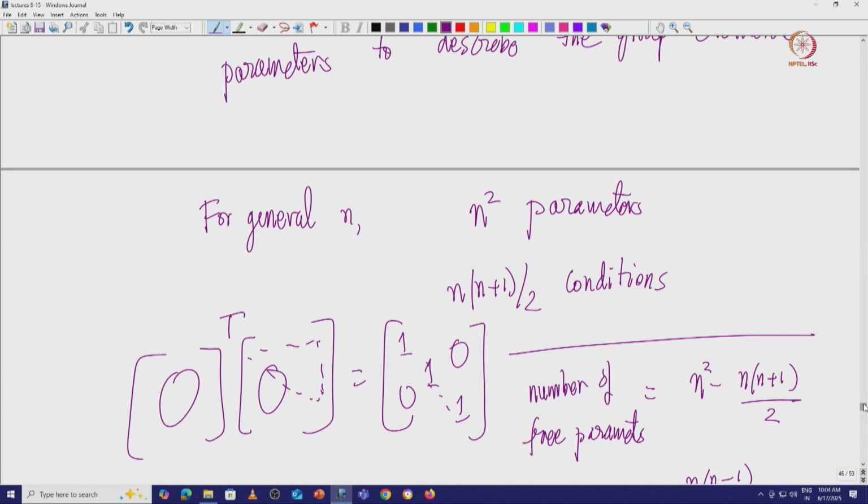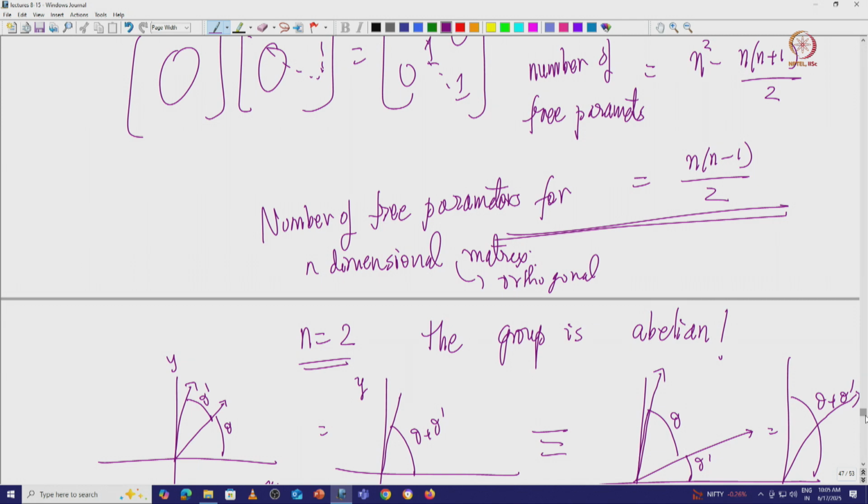So there are n square parameters of any matrix, and the orthogonality conditions give you n into n plus 1 by 2 conditions, and so the number of free parameters which satisfy all these conditions will give me n into n minus 1 by 2.